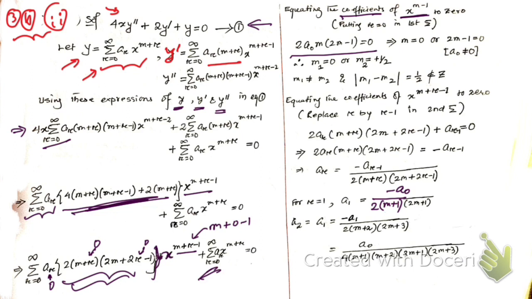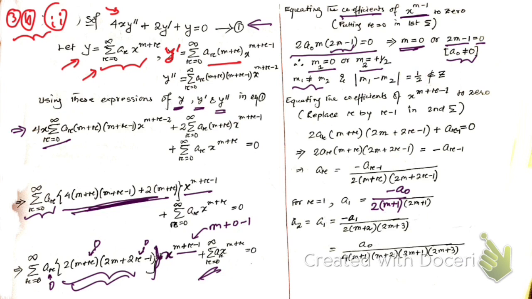Solving this, we have got m is equal to 0, or twice m minus 1 is equal to 0, because a naught is not equal to 0, right? So here we have got two roots, m1 which is 0, and m2 which is equal to plus half. They are distinct roots, and they differ by a non-integral number, that is half, a fraction.